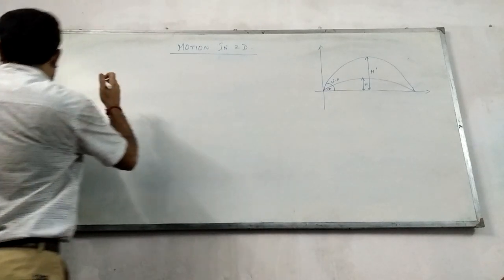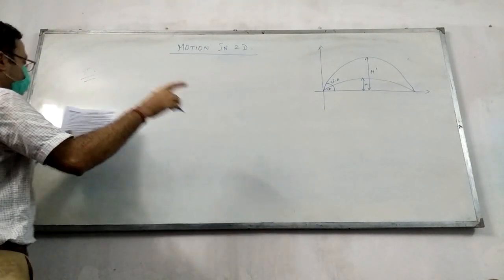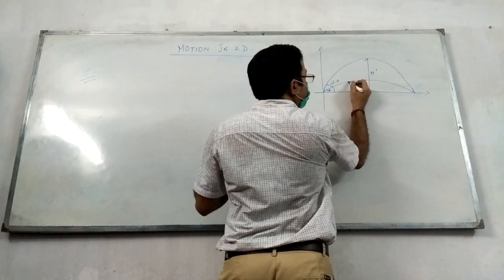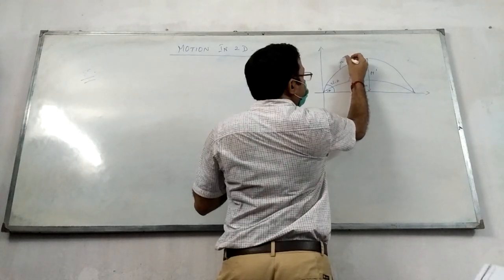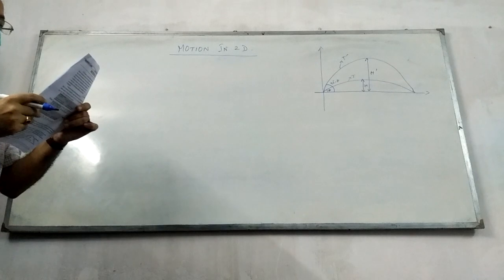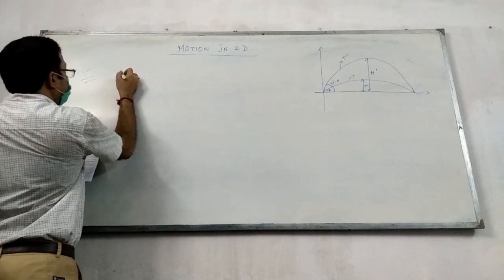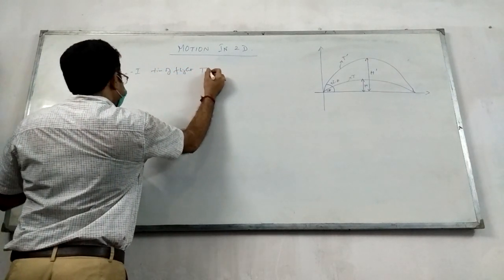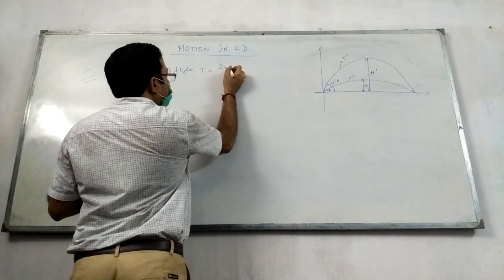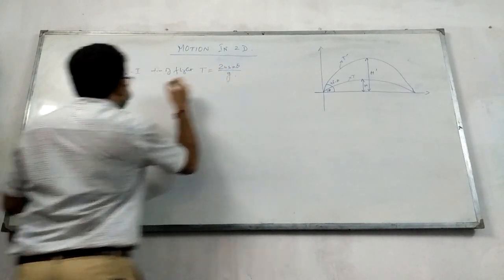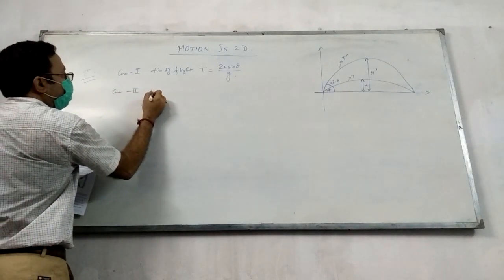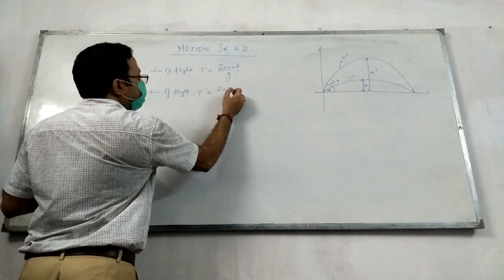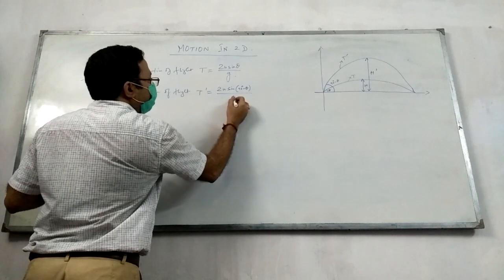Question number 8. So 8 says that in the previous problem, if the time of flights are T and T dash, that means the time of flight for this part be T and the time of flight for this part be T dash. Then show that T by T dash equal to tan theta. So in case 1, time of flight T is equal to 2u sin theta by g, what is the formula? And case 2, time of flight T dash will be 2u sin of 90 degree minus theta by g.